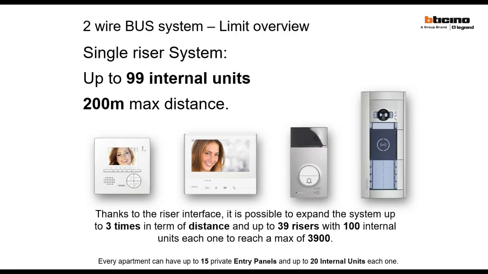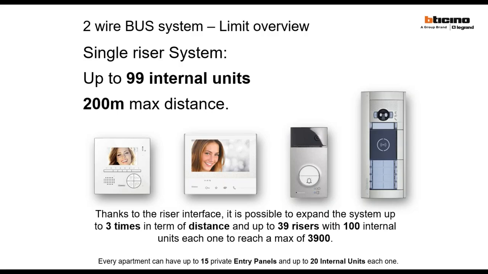Let's see the limits of the system. Each riser can have 99 internal units, even if there is a way to pass these limits, but we will see later. 200 meters distance between the external panel and the last internal unit.